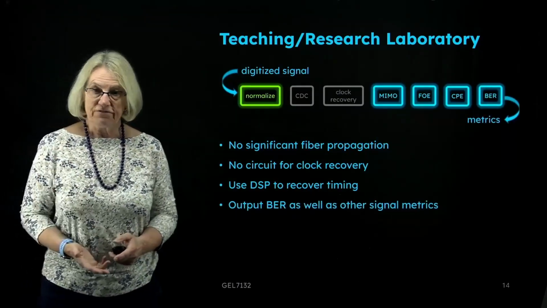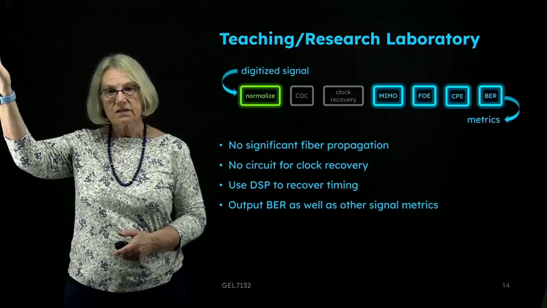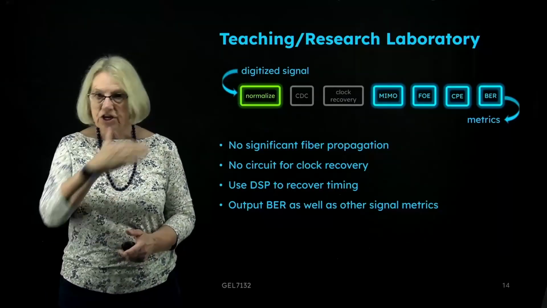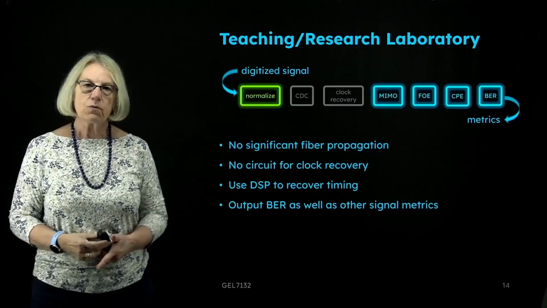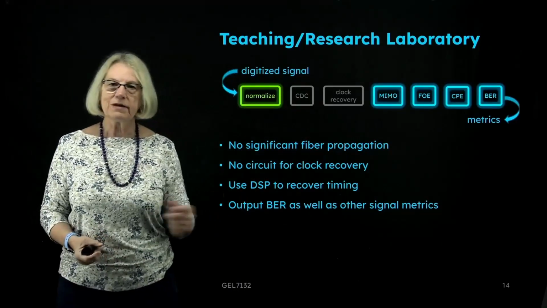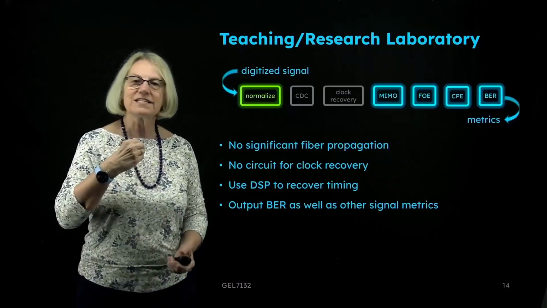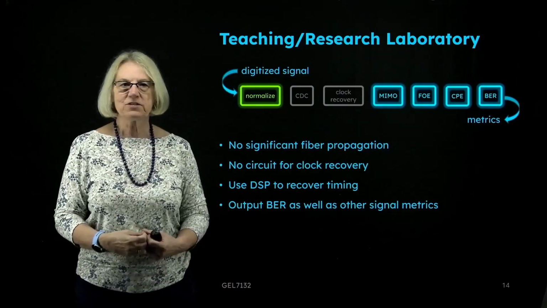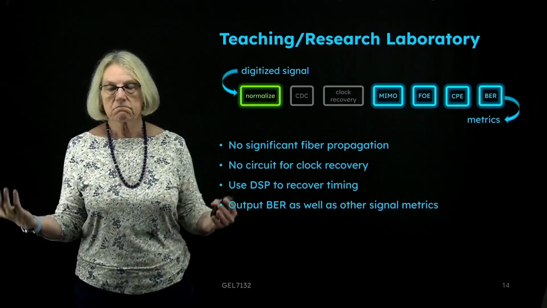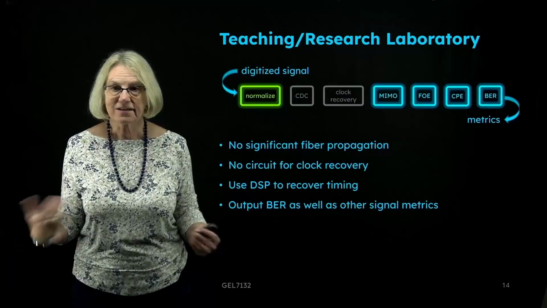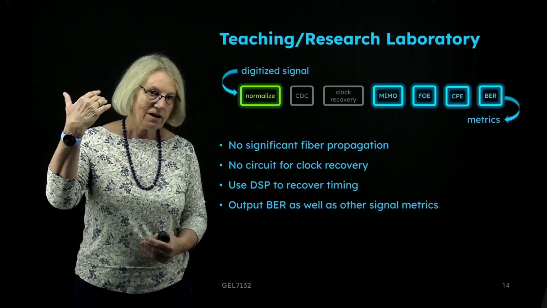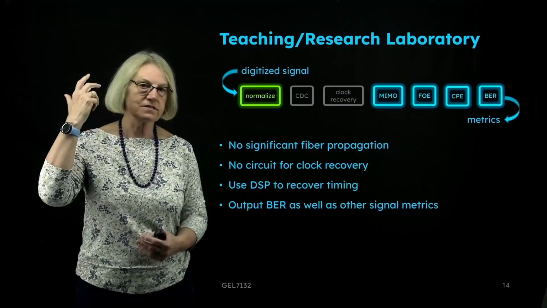Of course, another difference between a commercial system and a teaching or research laboratory is that when I kick things out, what I'm really looking at are performance metrics, and not just putting out the test statistic. I want to be able to put out manipulations on that test statistic. What is the bit error rate? What is the signal to noise ratio?